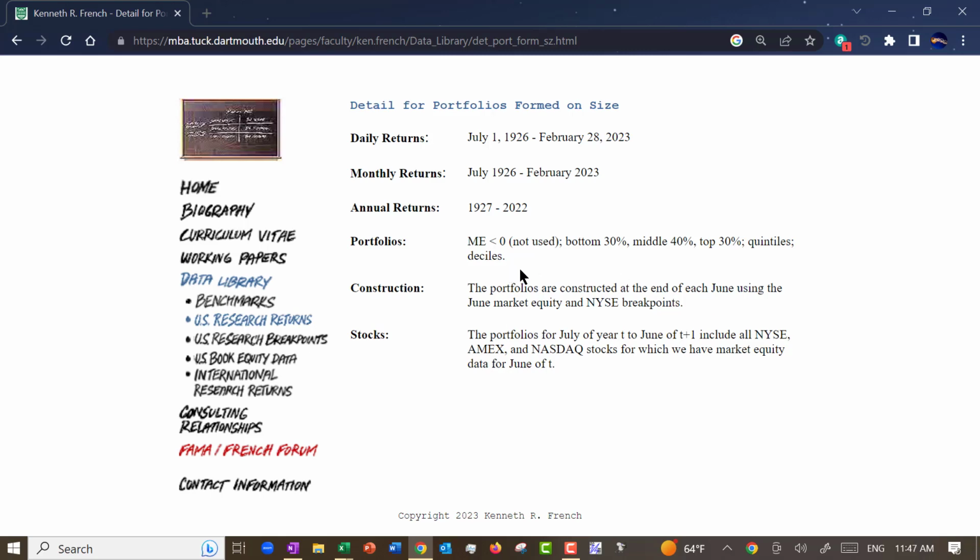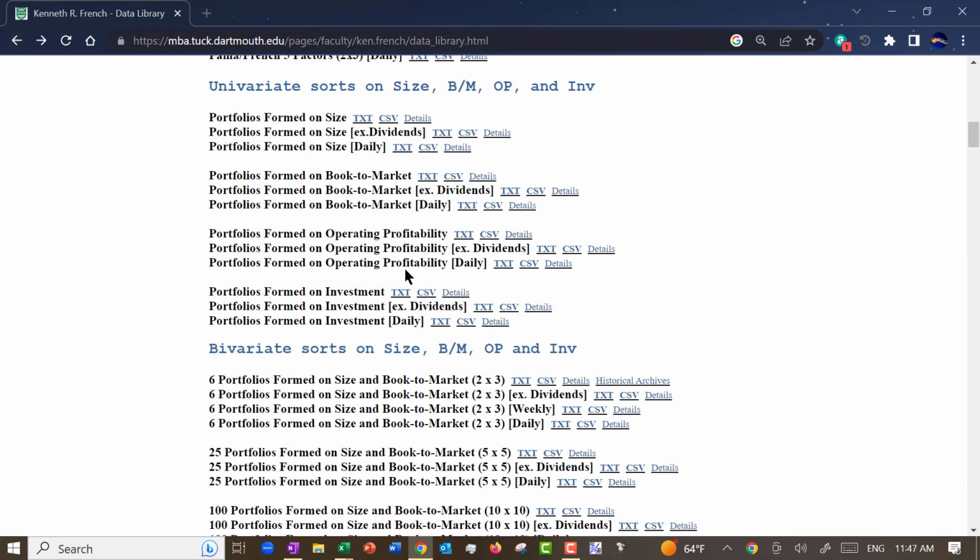At the end of June of every year, they sort all the stocks in the United States based on their market cap, which is share price times number of shares outstanding. And they put them into what we call decile portfolios. A decile means 10% of them, okay? So the smallest 10% is in decile 1, the largest 10% in decile 10.